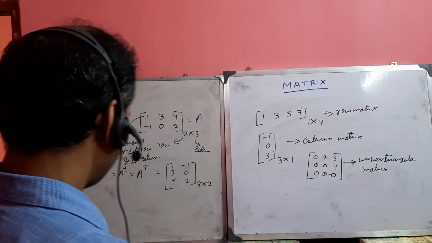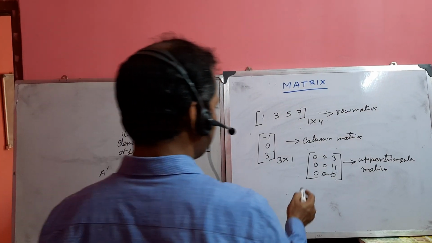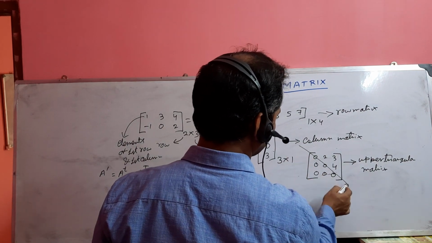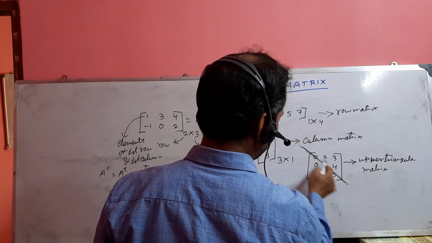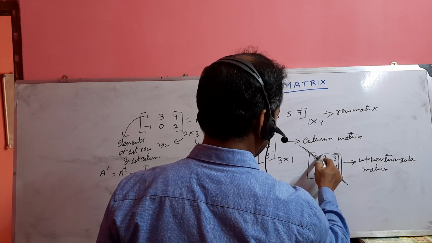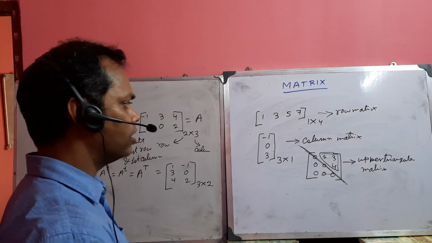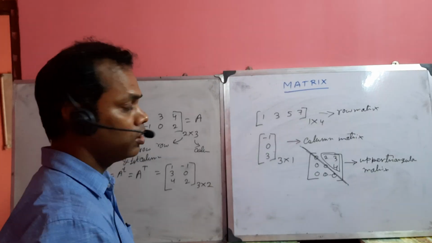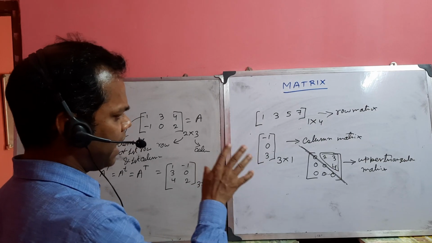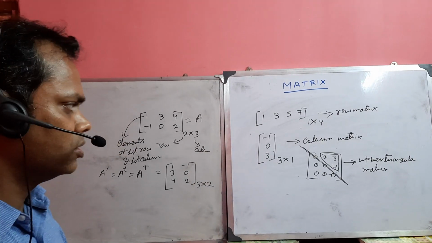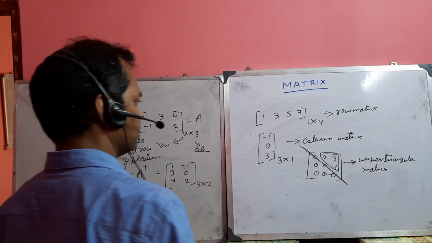Why is it an upper triangular matrix? Here this one is the principal diagonal, and those elements above it are the upper triangular part. Other elements can be 0 or not. That means if at least one element of this part is non-zero, then this is an upper triangular matrix.